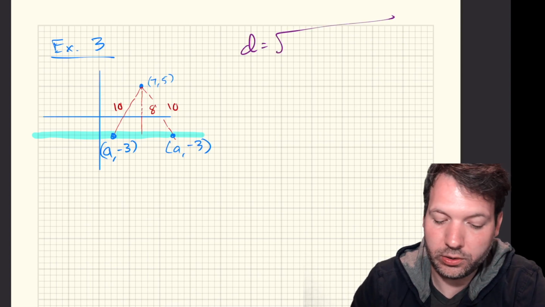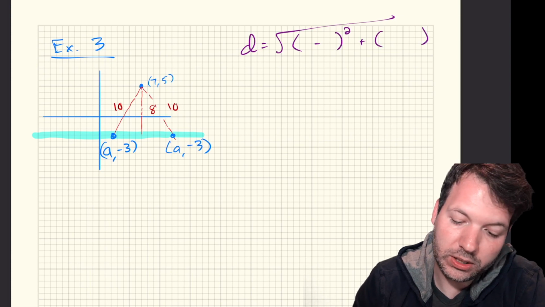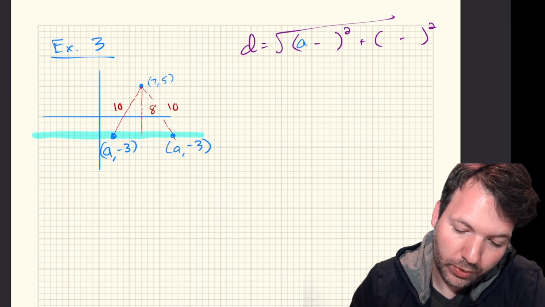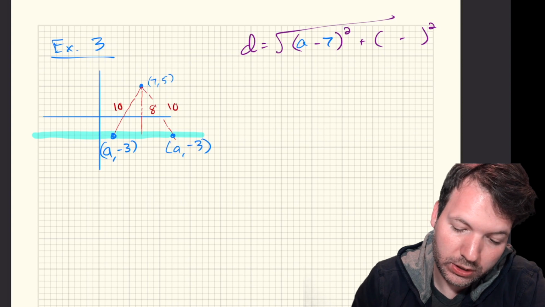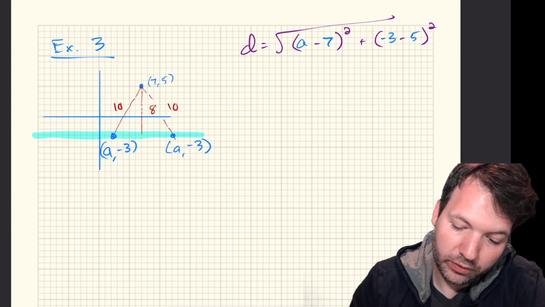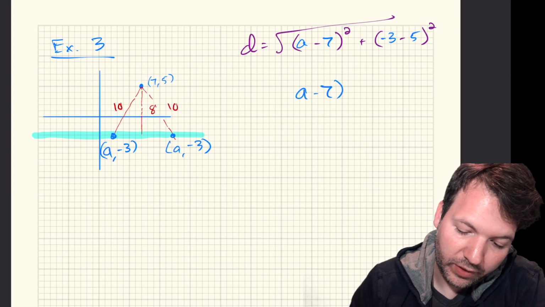Let's ignore the picture. Let's just say distance equals square root something minus something squared plus something minus something squared. Our somethings, of course, are going to be the x-coordinate, which is a, and 7. And then the y-coordinates, which are -3 and 5. And a minus 7, of course, is just going to stay a minus 7.